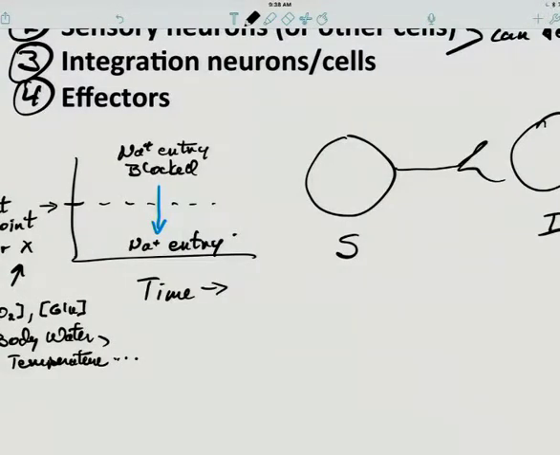And there's a sensory cell that has some way of responding to a change. So for example, if it's temperature, as temperature rises, we might change sodium entry into a sensory cell. Or as body water changes, we might cause sodium entry to change into a sensory cell. So that affects some sensory protein, which could be a thermoreceptor or whatever.